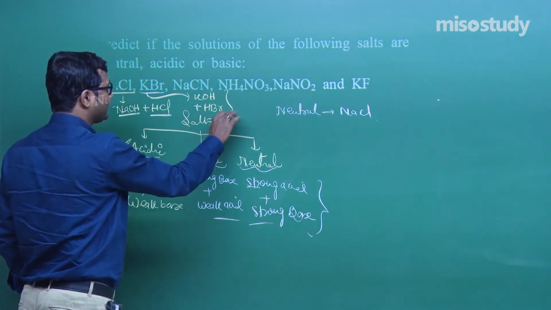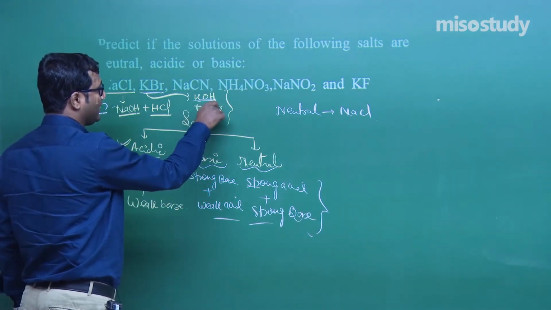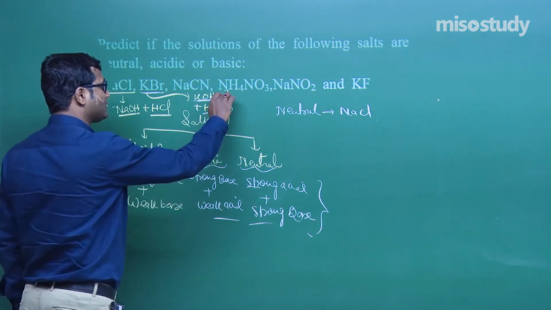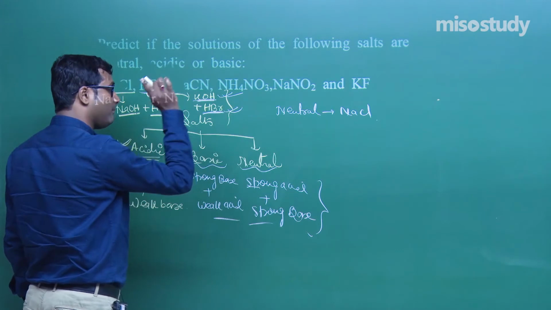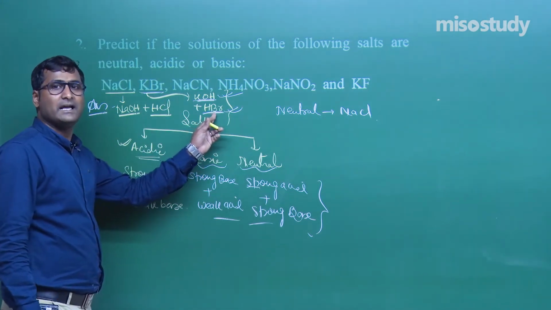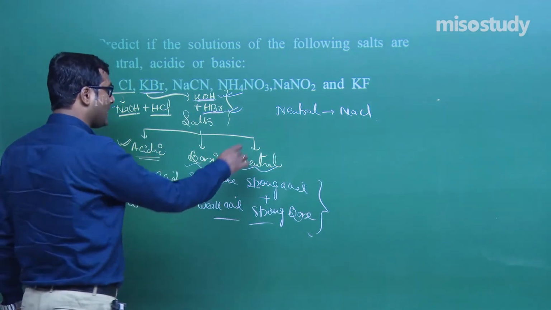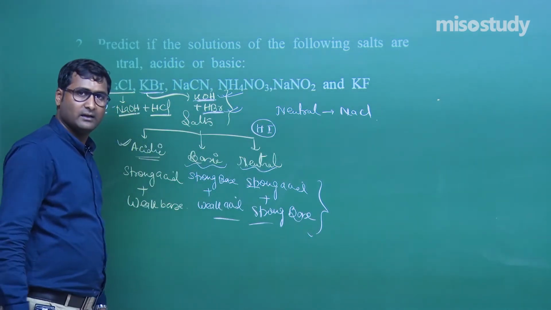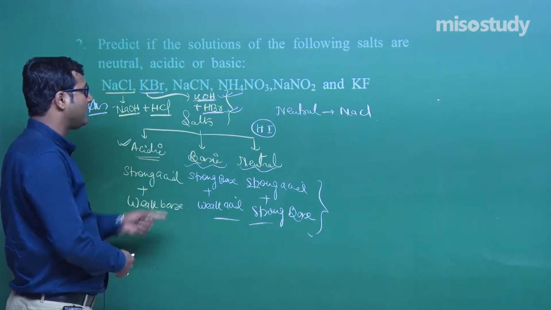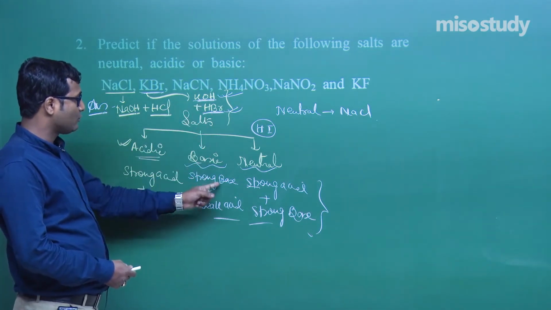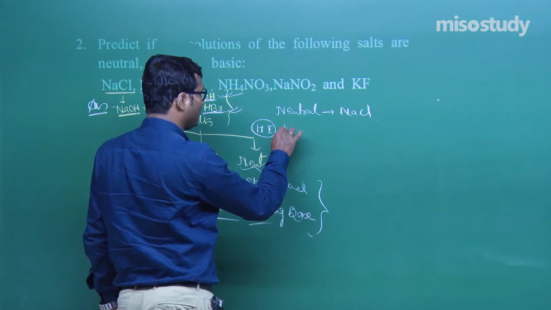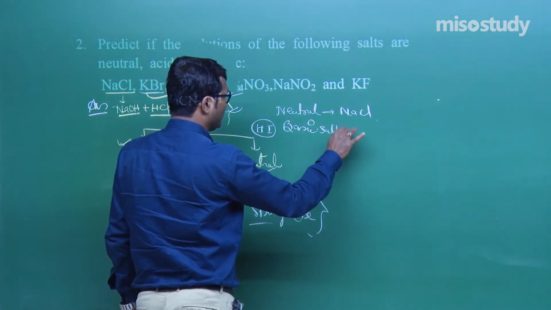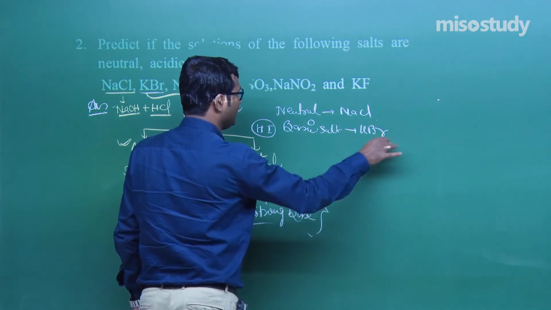But one more thing I am telling here: in comparison to KOH, HBr is less strong. In many books it is given that HBr is strong, but HI is strong, not HBr, my friend. So in this case we will say that the base is strong, so this salt KBr is a basic salt, my friend.